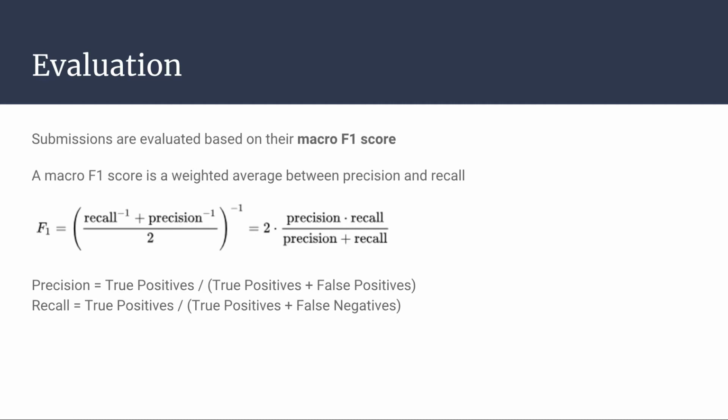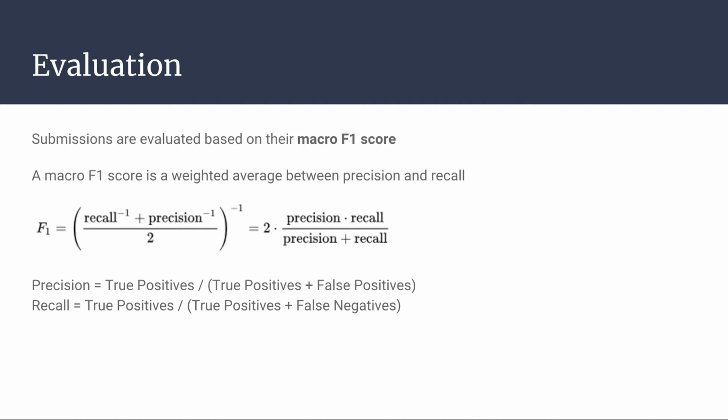Precision is, if you have a set of results marked as positive, how many of them are really positive. And recall is, given the actual positives, how many of them you missed, marked as falsely negative.